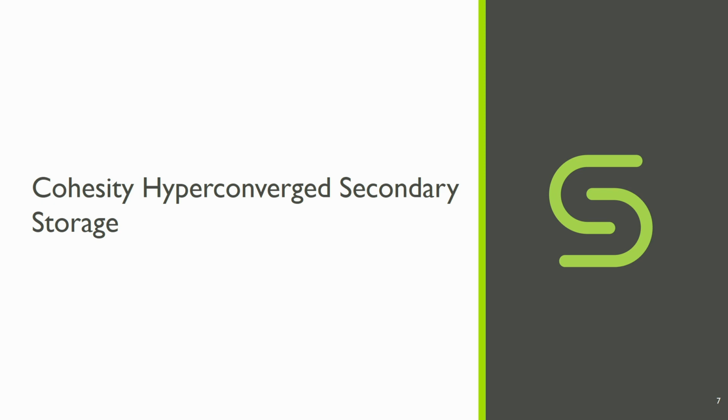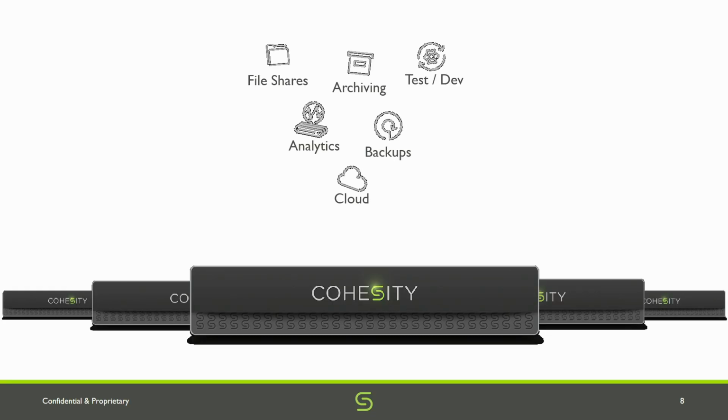Fundamentally, the vision at Cohesity is what we call hyperconverged secondary storage. Why do we call it that? Because it is based on the same design principles that companies like Nutanix or products like VMware Virtual SAN use, which means scale out, web scale solutions. It's actually a software-defined solution.